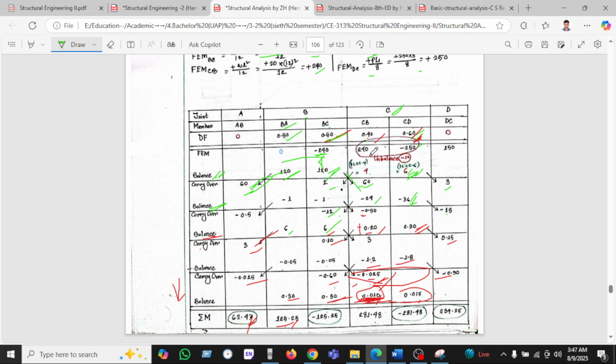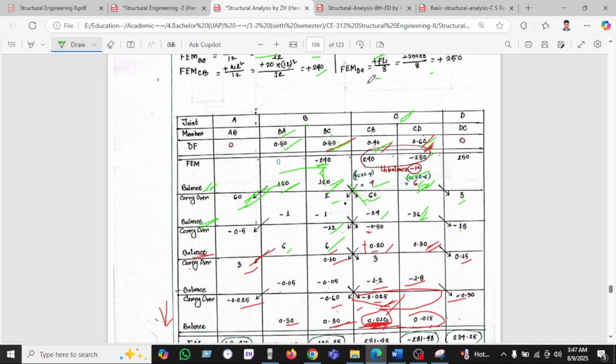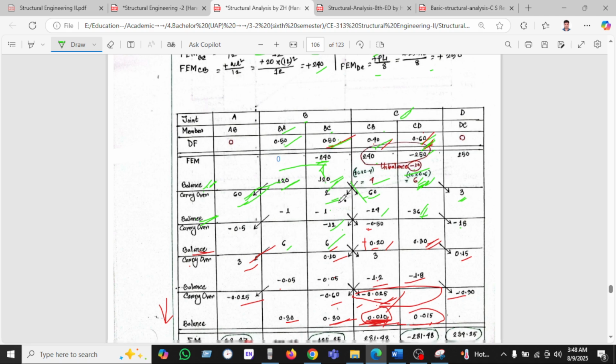And here is the another moment, the unbalanced moment, the fixing moment, which is minus 250 plus 240, and this will be minus 10. So minus 10 will be multiplied with 0.4, which is 4, and minus 10 multiplied with 0.6 will be 6, and the carryover is half, which is 3, and the other carryover is half, which is 2.